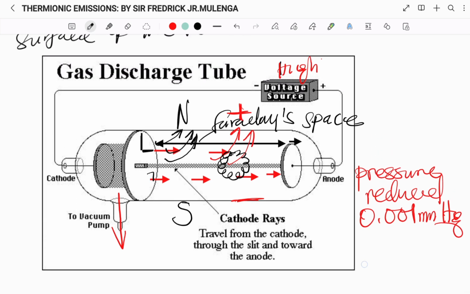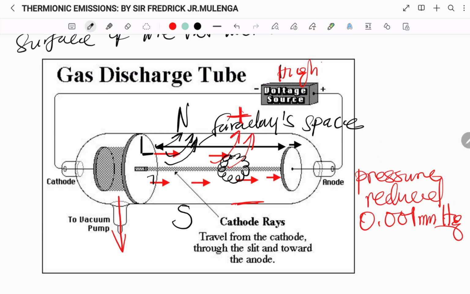I want you to look closely at our discharge tube. You'll see that we have a complete circuit here. We have the positive terminal and the negative terminal connected, where negative is connected to the cathode and positive is connected to the anode.